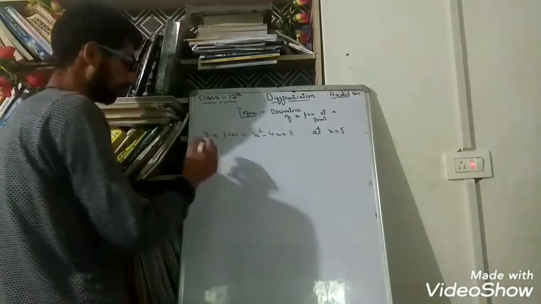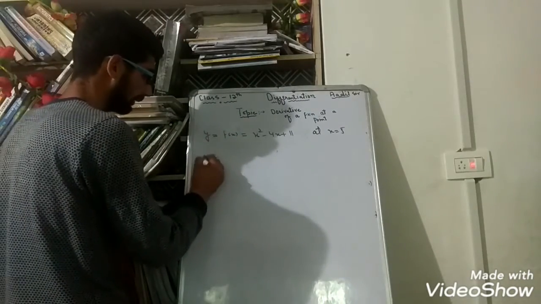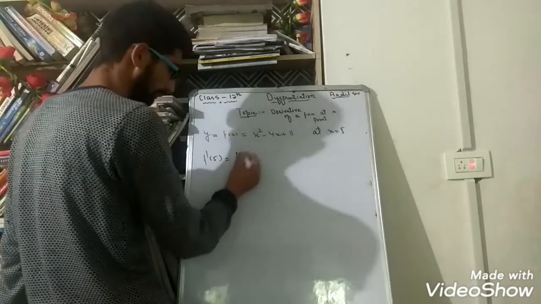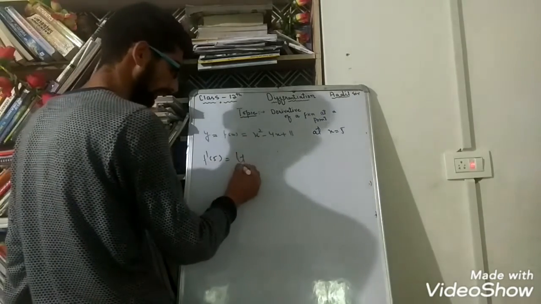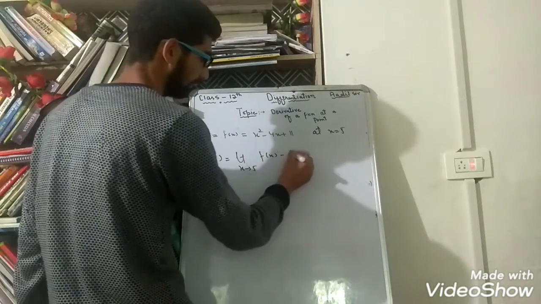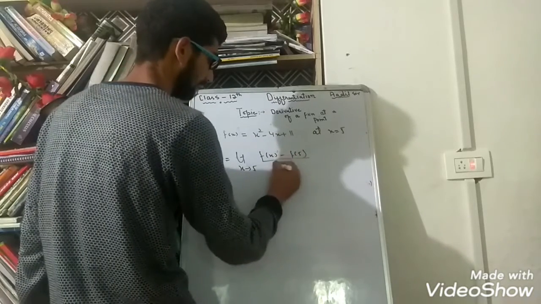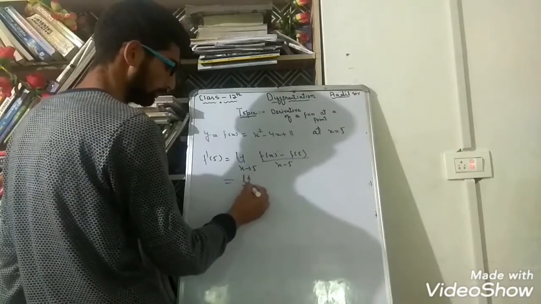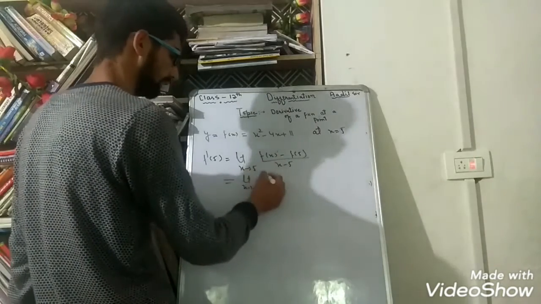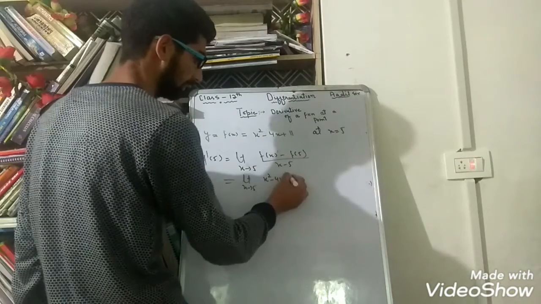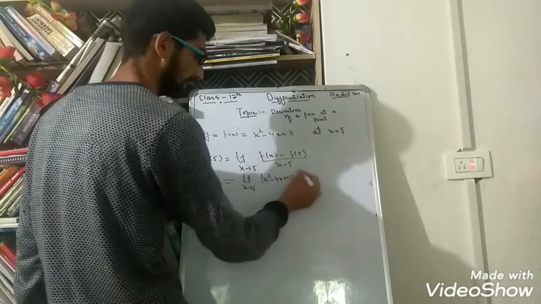By the first method we know that the derivative f dash of 5 is equal to the limit x tends to 5 of f of x minus f of 5 divided by x minus 5. So it will be equal to limit x tends to 5 of f of x, that is x square minus 4x plus 11, minus f of 5.